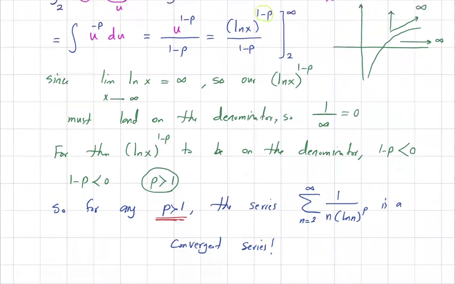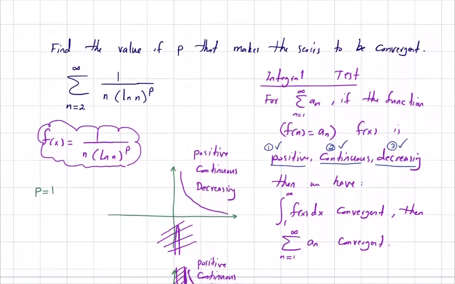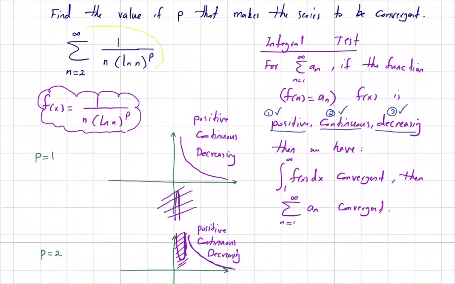Let us recap what we did so far. The question says, find a value of p that makes the series convergent. This is the series that we have, the summation of 1 divided by n times ln of n to power p, and starts from 2 to infinity.